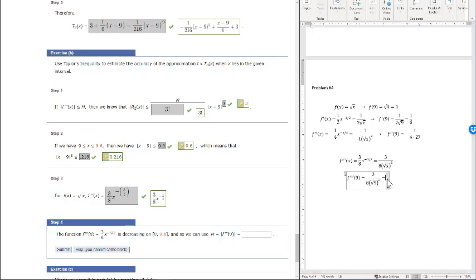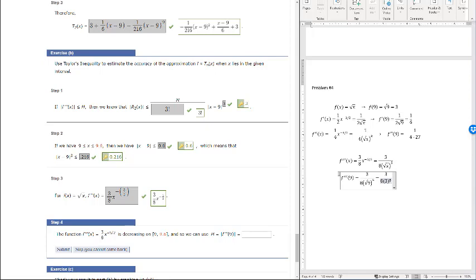What are we going to have? We're going to have 3 divided by 8 times 3 to the 5th, because the square root of 9 is 3. So one of the 3's can cancel, and so we just have 3 to the 4th.